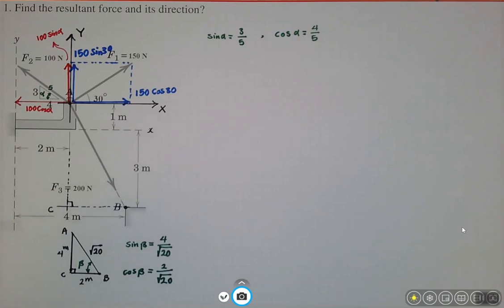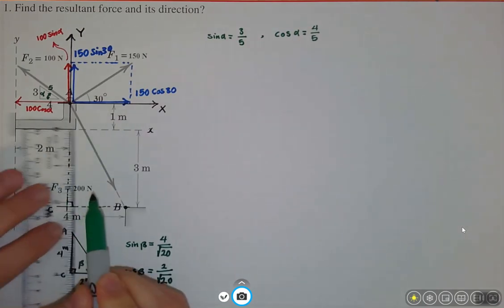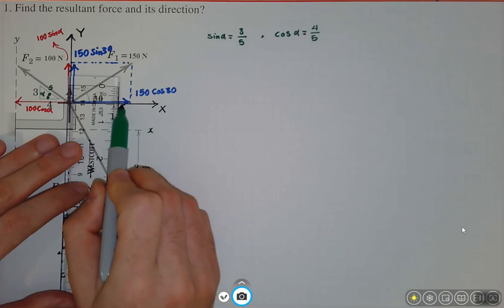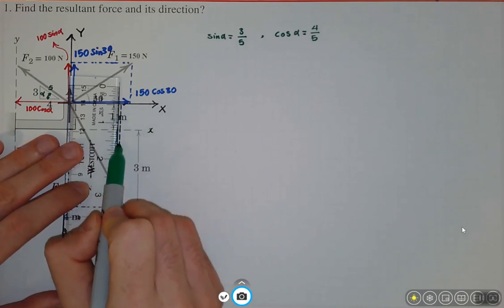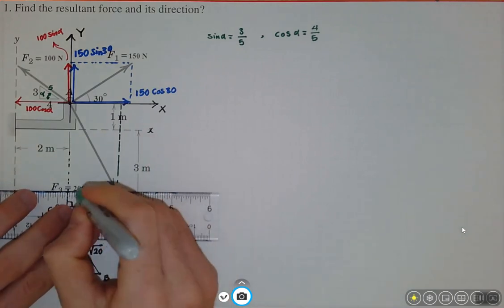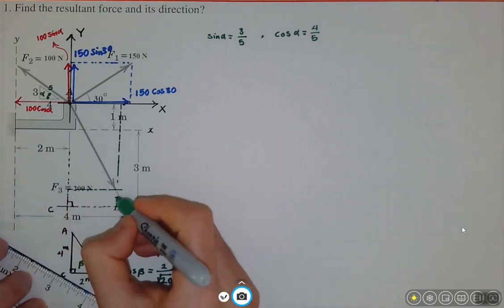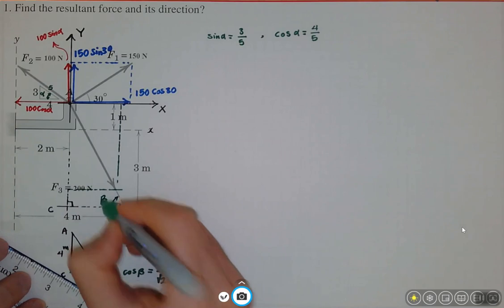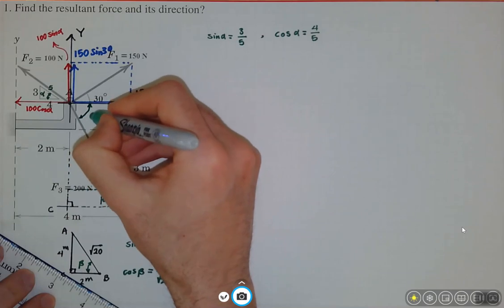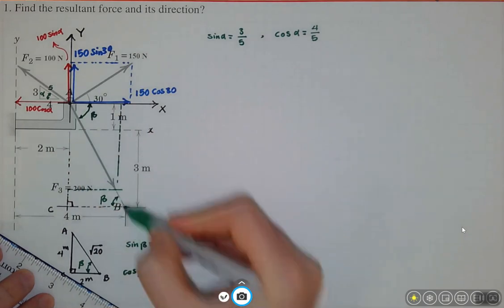So let's find the components for this load. The load is 200 Newton. I find the component in X and in Y direction, right? So this is a parallel line, in order to make sure that I don't make a mistake. Let's say this is the angle beta. If this one is beta, we notice this one also is beta, right? Because these two lines are parallel and we have an oblique line.